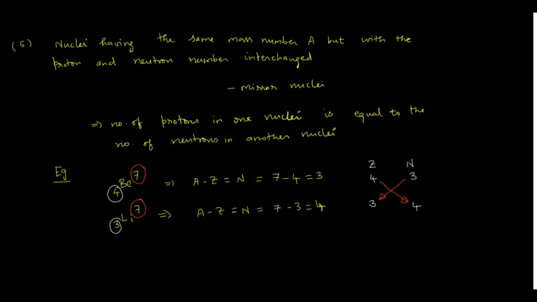The next one is a pair of nuclides with an identical difference between the number of neutrons and protons in the atomic nucleus. We can calculate the number of neutrons minus the number of protons.